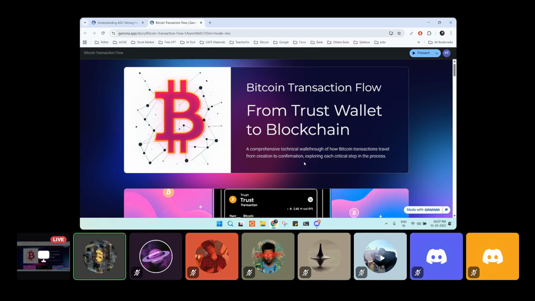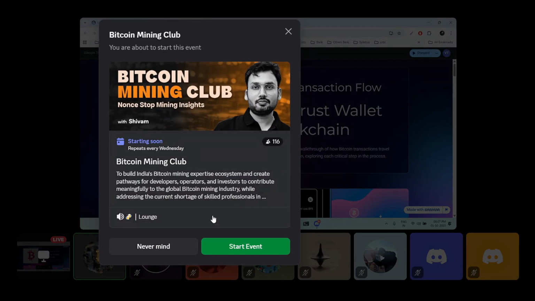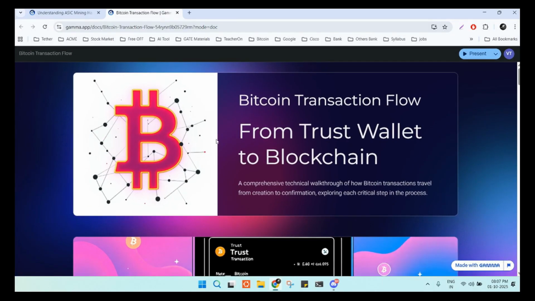So before starting this, I just want to know, does anyone have any idea how the transaction flow works, or how many of you have used Trust Wallet or any non-custodial wallet? Or does anyone have any basic idea how things happen once we create a transaction, maybe in layman's or raw terms? Feel free to answer, otherwise I will definitely start.